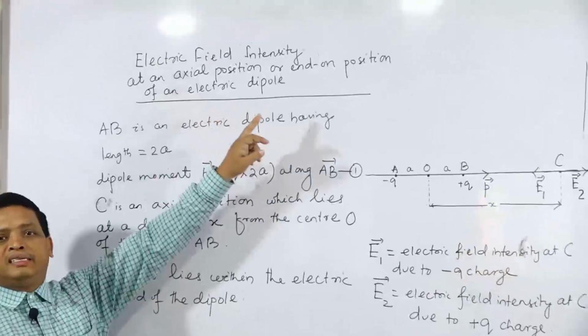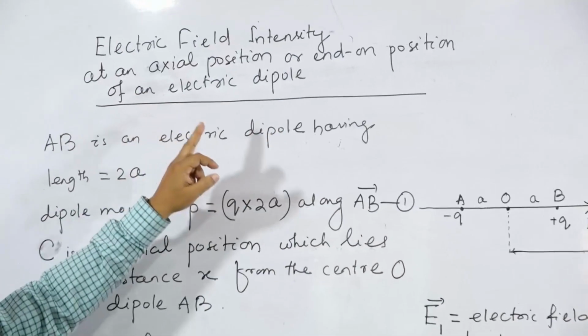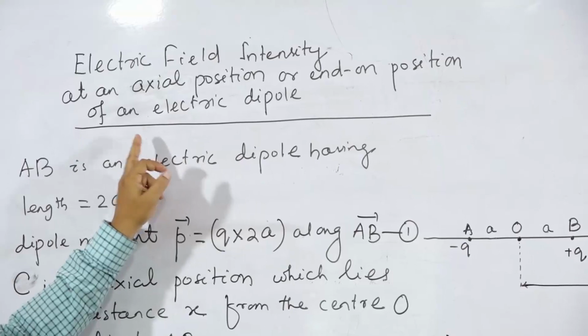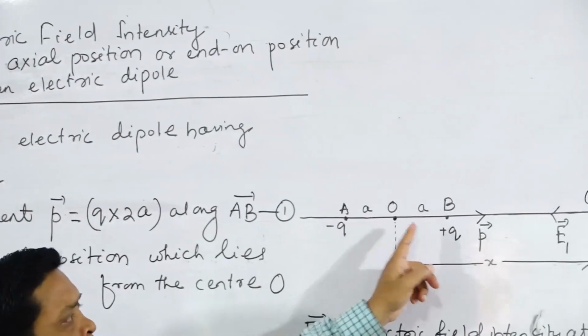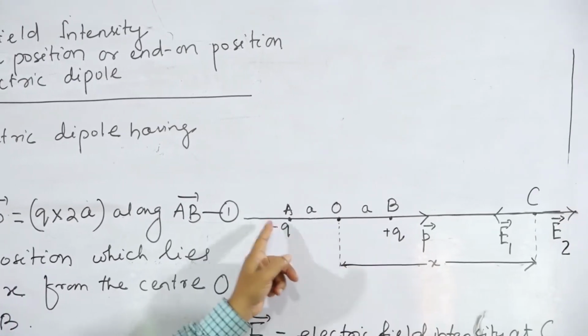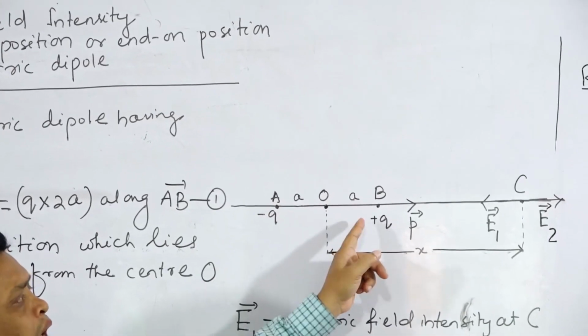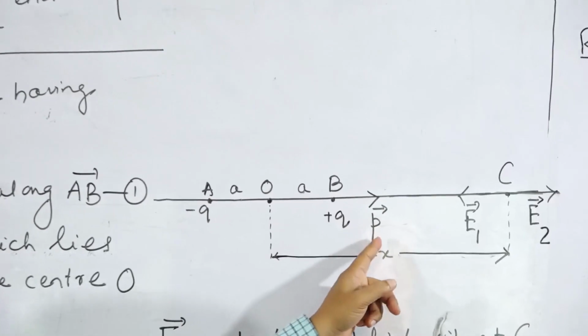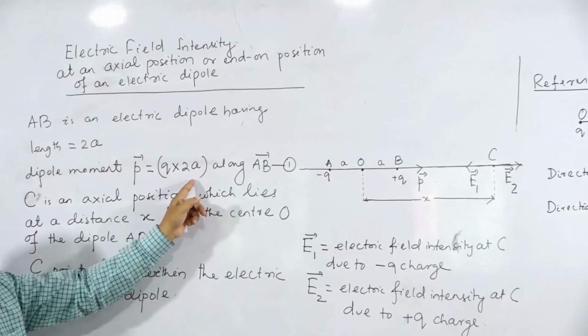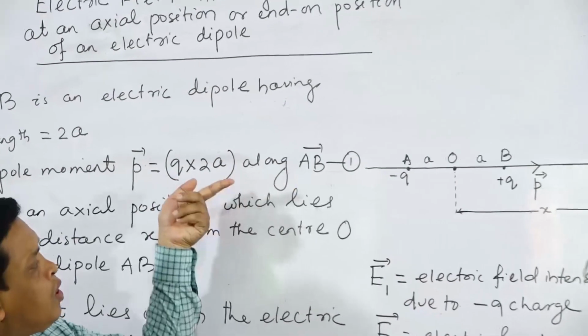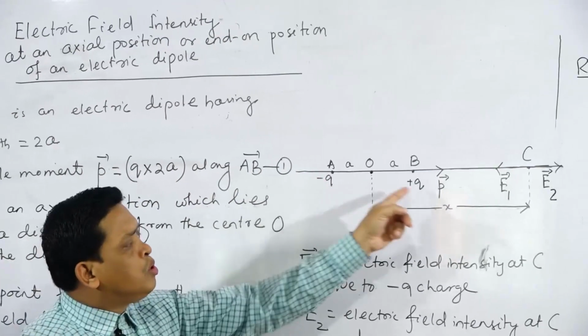Electric field intensity at an axial position or end-on position of an electric dipole. Here AB is an electric dipole having length 2a and dipole moment P vector, where P vector equal to q into 2a and its direction is along AB vector, that is from minus q to plus q.